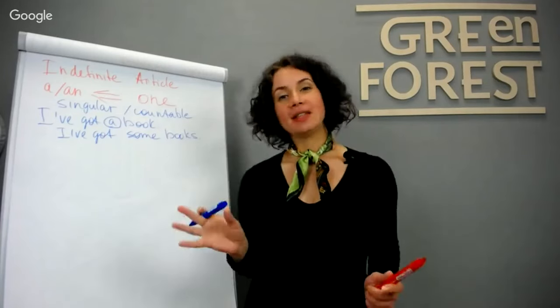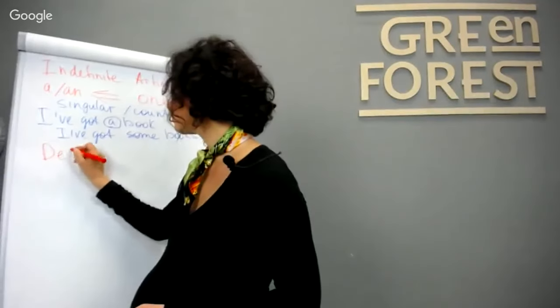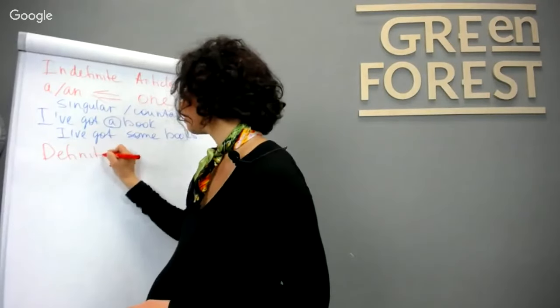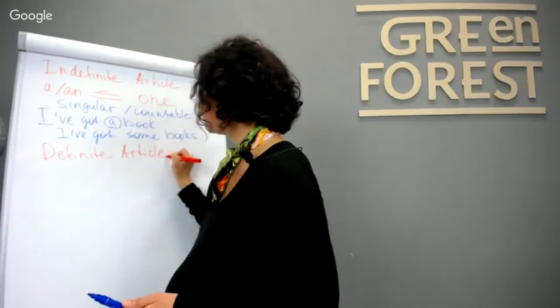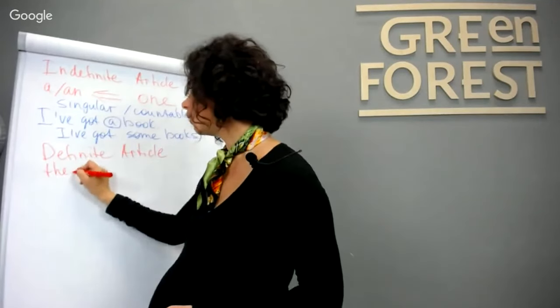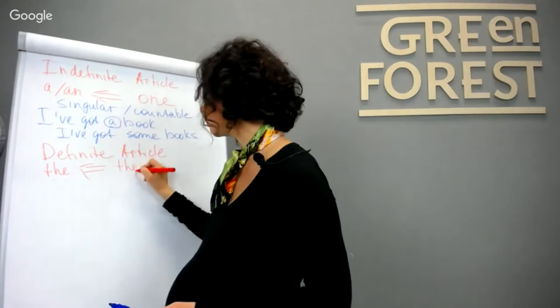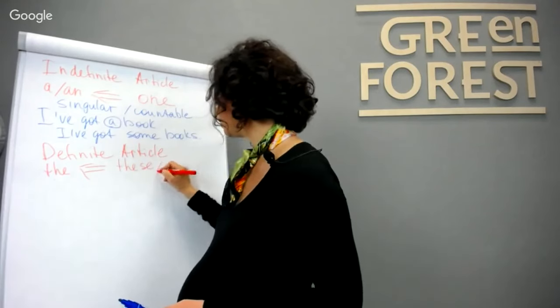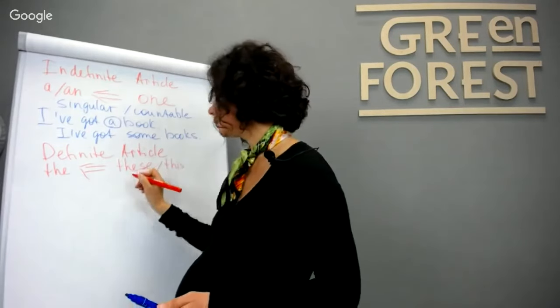Some specific rules I will tell you in the PowerPoint presentation. Definite article. This is the article the, and it comes from the word this or that. It can be singular or plural.